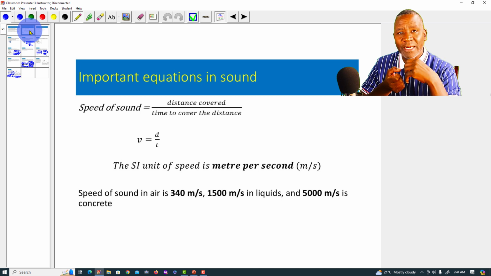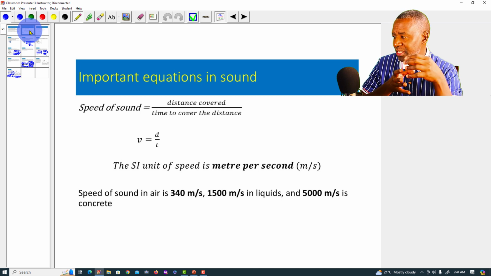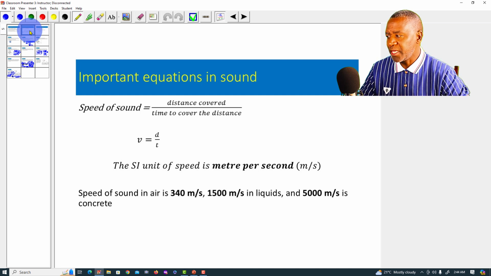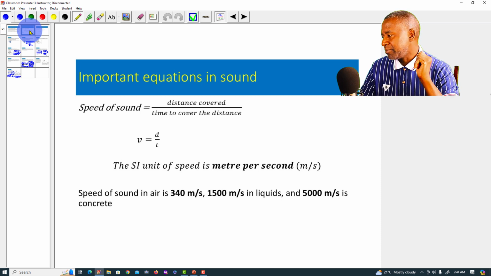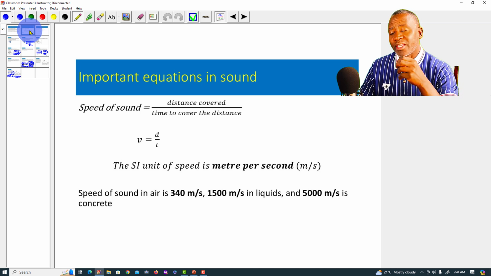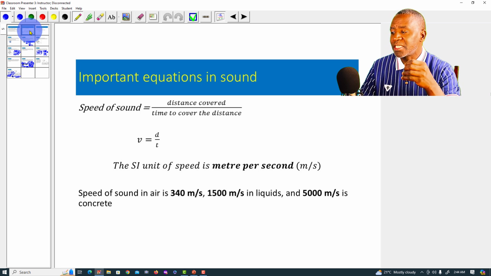So speed is a ratio of the distance covered to the time taken. In symbols, we are going to be using V as the symbol for speed, D as the distance covered, and T as the time taken.